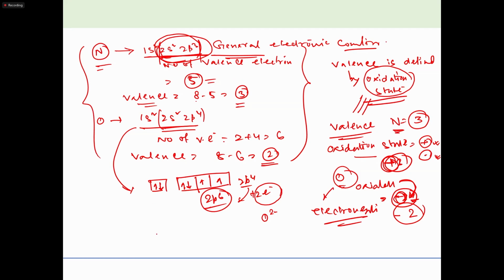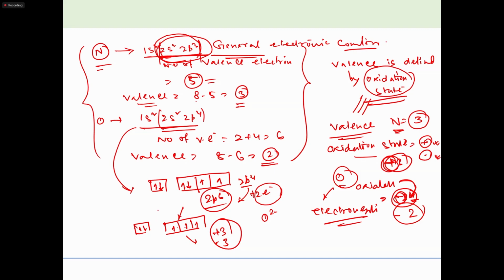Similarly, if you see the nitrogen, it is 2p3, so the valence is equal to 3. Now it could be positive, but it could be negative. This is possible by gaining 3 electrons or losing 3 electrons.